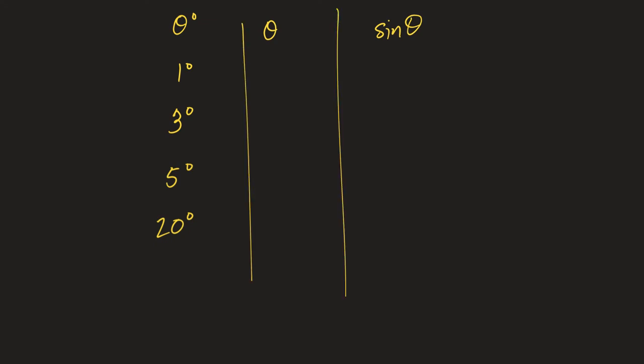We don't have much time, but we have a little bit. We're only going to do 4. Okay, got your calculators? How many radians is 1 degree? I want 4 decimal places.